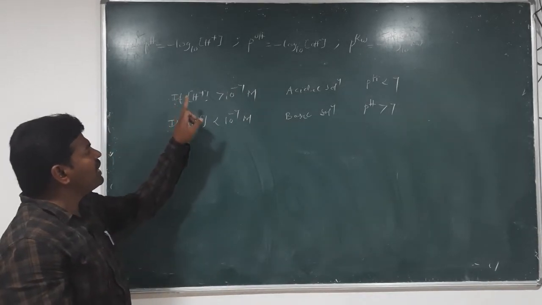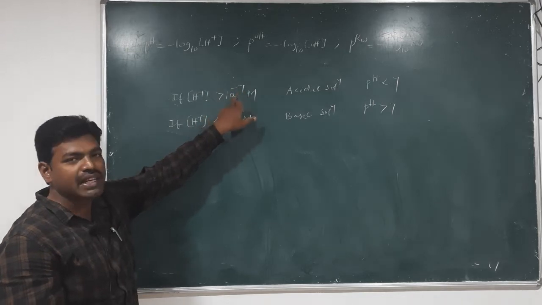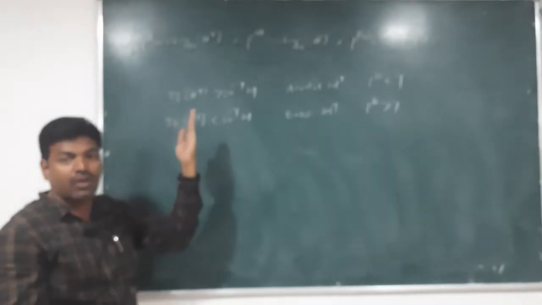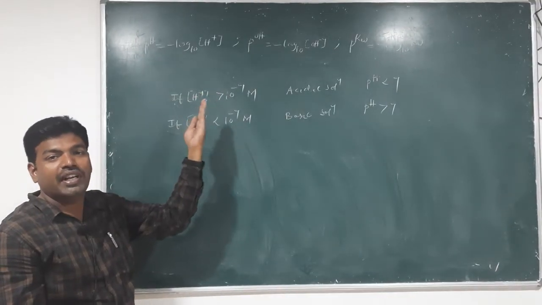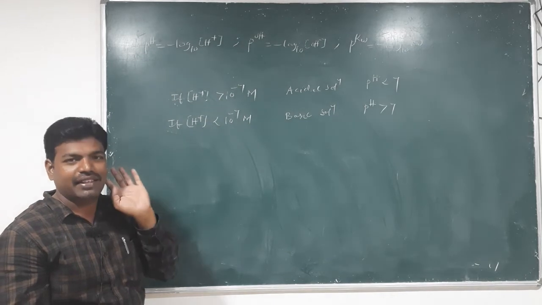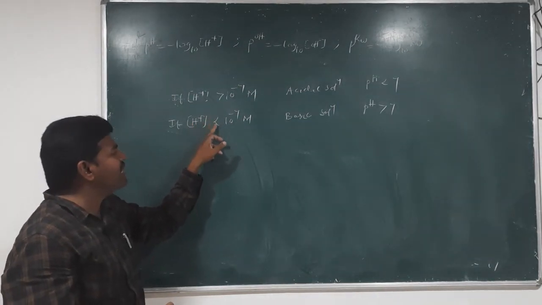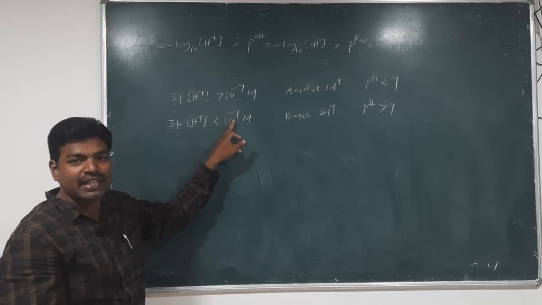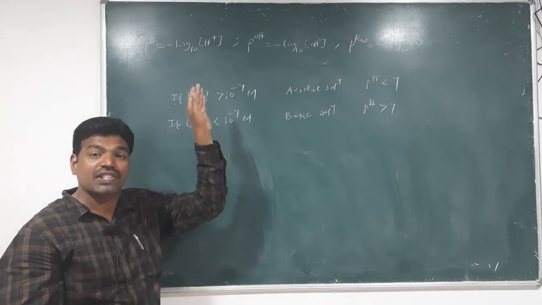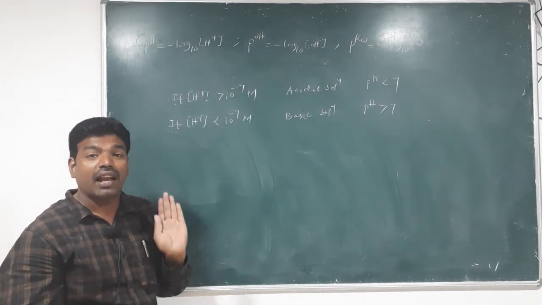Here, concentration of H plus ions greater than 10 to the power of minus 7 means values like 10 to the power of minus 6, minus 5, minus 4, minus 3. And concentration of H plus ions less than 10 to the power of minus 7 means 10 to the power of minus 8, minus 9, minus 10, like that.